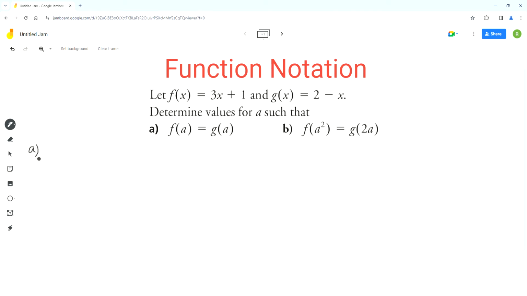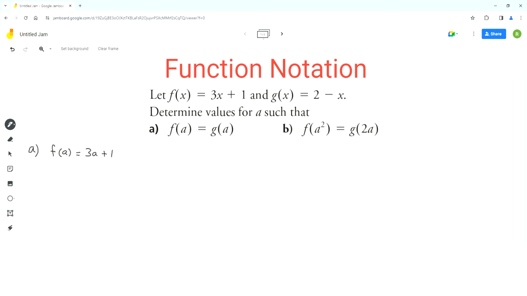Now we are given that f(x) is equal to 3x plus 1 and g(x) is equal to 2 minus x. So the first step is to find out what f(a) and g(a) are. Based on the given function f(x), f(a) will be equal to 3a plus 1.